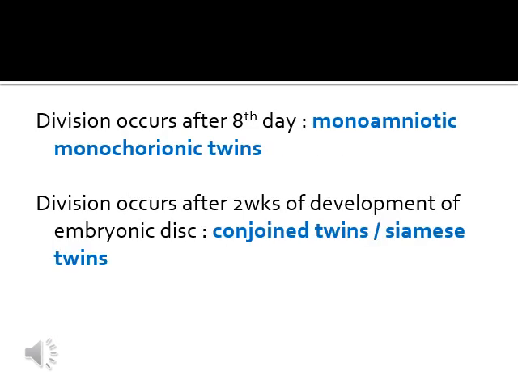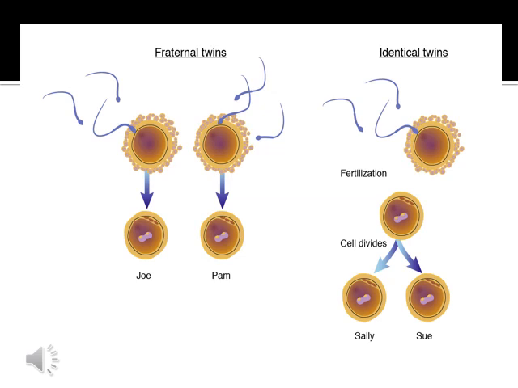If the division occurs after the 8th day of fertilization, it becomes monoamniotic and monochorionic twins. And if the division occurs after 2 weeks of development of the embryonic disc, it will become conjoined twins or Siamese twins.